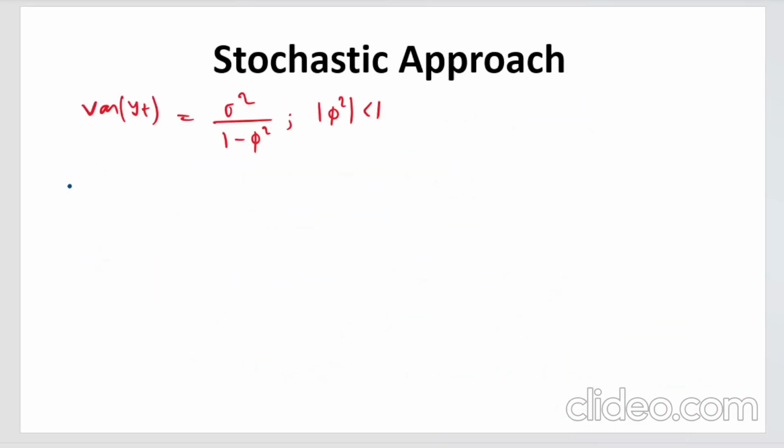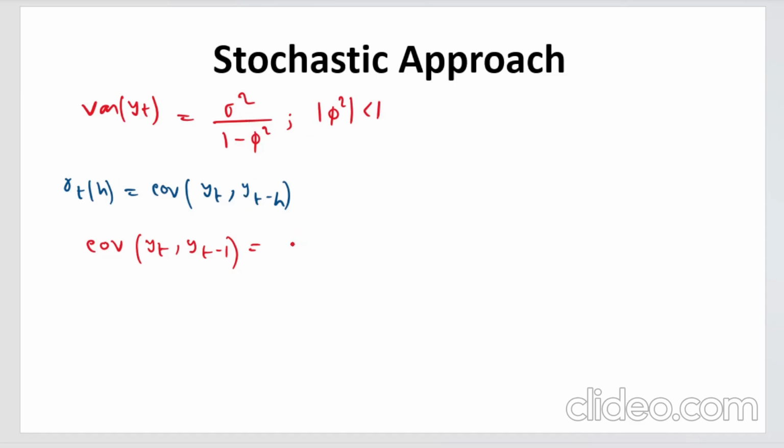Now the third thing is autocovariance. So gamma h can be written as this and this, right? Now firstly find out the covariance with yt minus 1. We'll start from 1 because we know for 0 it is only the variance, right?